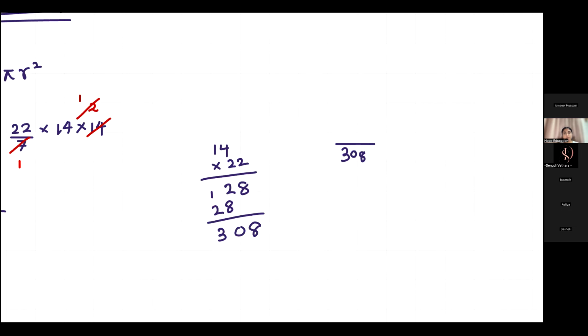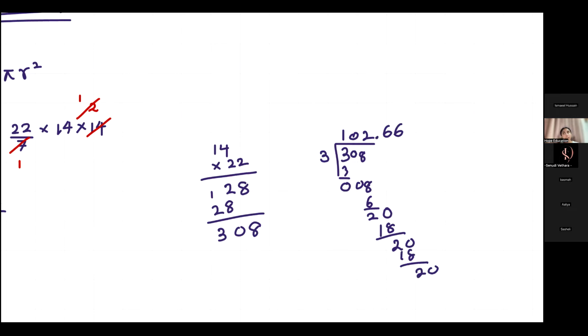3 times 1 is 3. 0. Then I take this 8 down. 3 times 2 is 6. 2 remaining. I add a 0, so I put a decimal point. 3 times 6 is 18. 2 remaining. 20, 3 times 6 is 18. Again 2 remaining. Add another 0, 3 times 6.